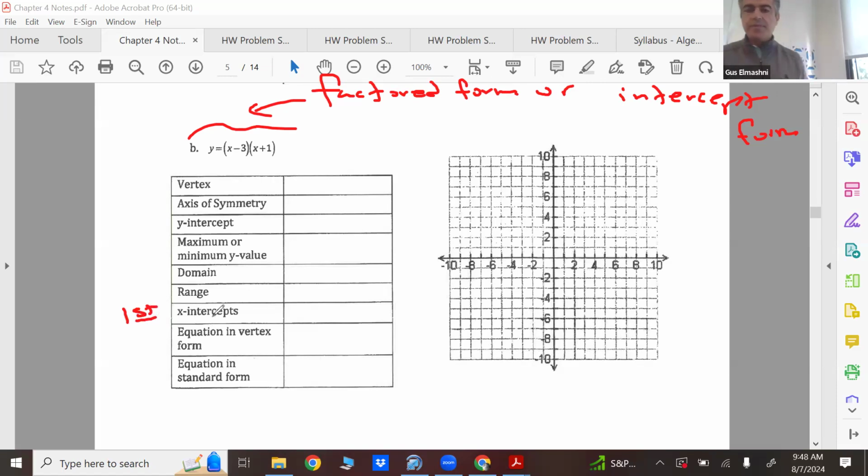Let's do that first, because that should be easy to identify. What would make them 0? What would make that 0? First factor. On the second one. Boom, done. Great. That's easy. So x-intercepts are 3 and -1. So there you go.